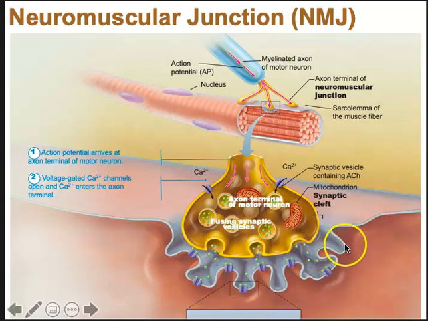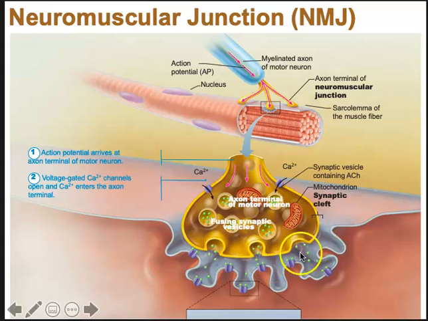The motor end plate is a specific location on the sarcolemma where we find a lot of ACh gated, chemical gated channels. Now, the motor neuron has an action potential traveling down its axon and then ultimately causes the opening of voltage-gated channels on the neuron, in fact, on the synaptic knob. Calcium enters the synaptic knob and causes, via exocytosis, the release of our neurotransmitter, which for skeletal muscle is always acetylcholine.